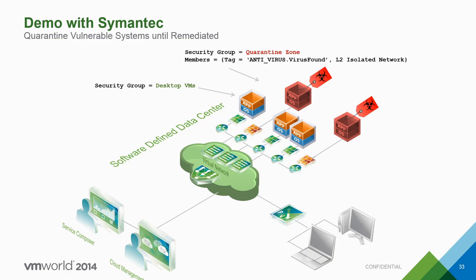And who do you have in that security group? All the VMs with that tag. VMs without that tag are not in that security group. And a VM can be in multiple security groups. So in the quarantine security group, you have no VMs. And now those two VMs have that tag. vCenter tells NSX. NSX puts them in that security group.